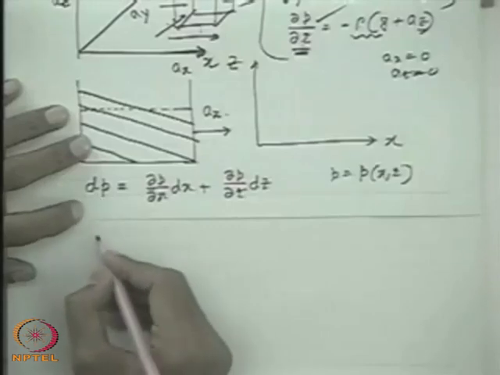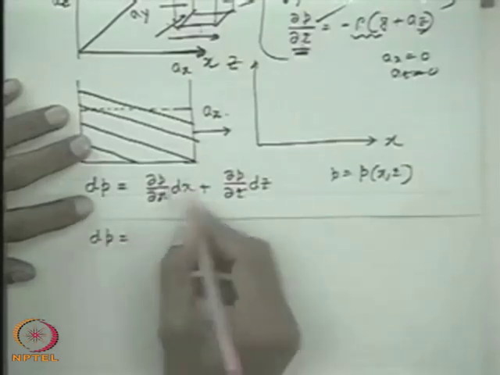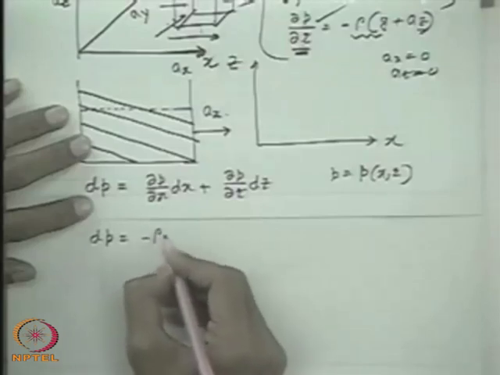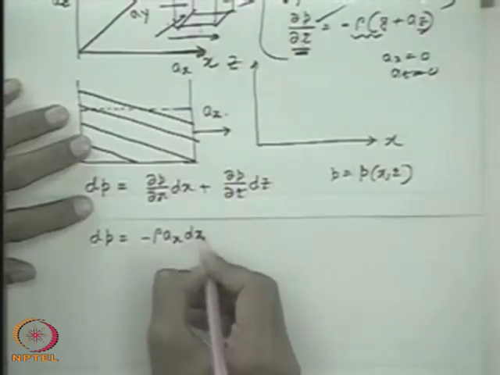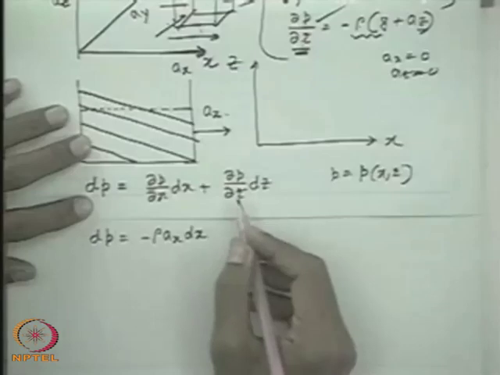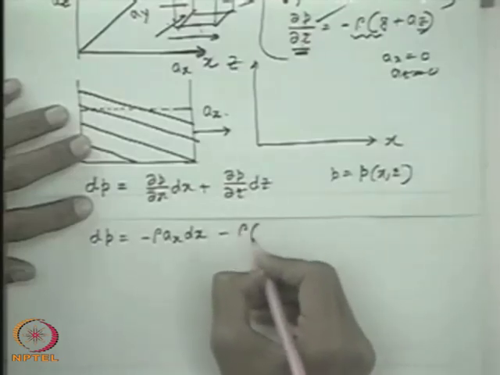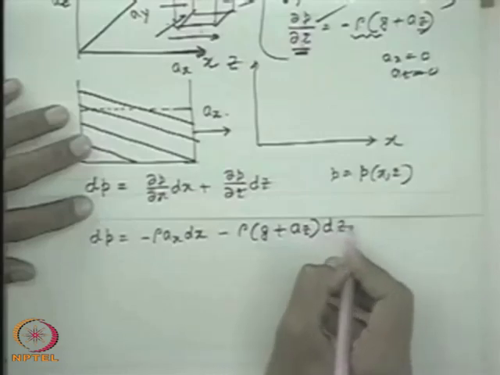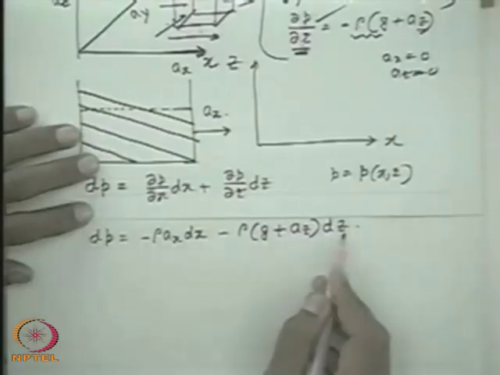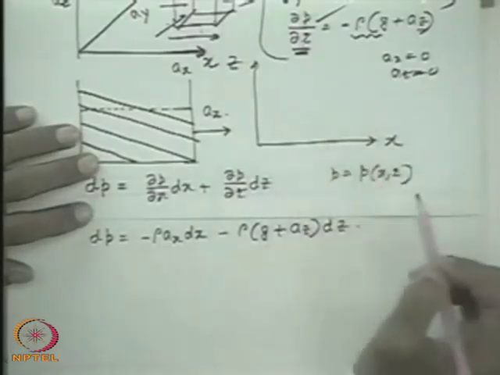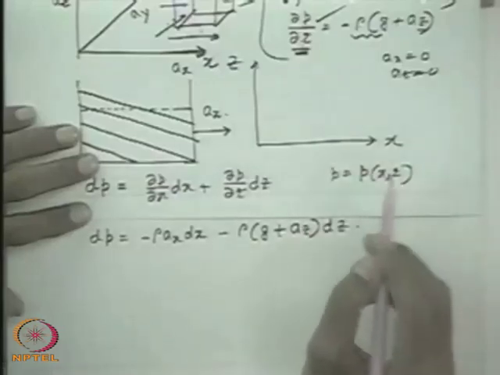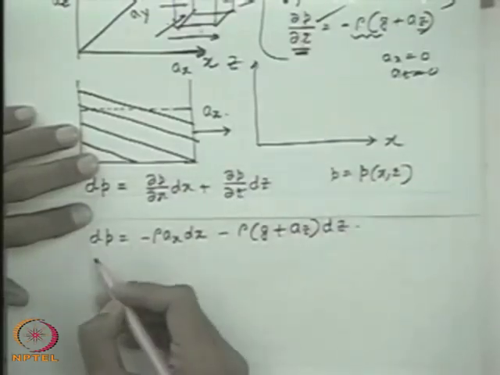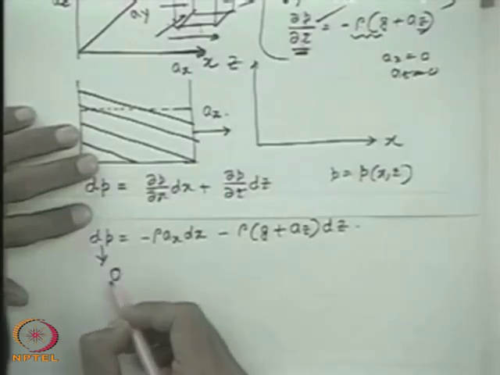Now let us find out in general, in case when there is an acceleration, what is del p del x? It is minus rho ax. What is del p del z? Del p del z is minus rho, as we have seen already, g plus az. Alright, so we can integrate it to get the value of pressure at any point in terms of x and z. But our first idea is to find the equation of the constant pressure line. Along the constant pressure line, dp will be 0.